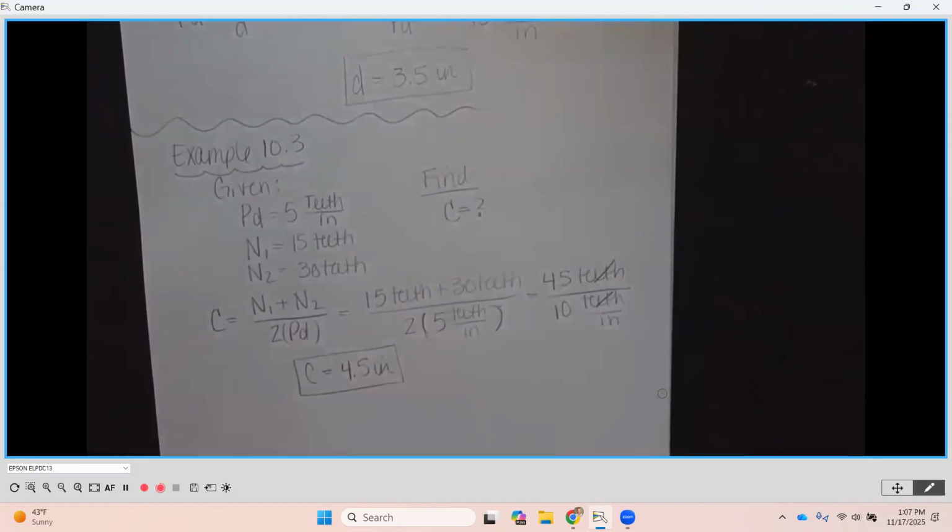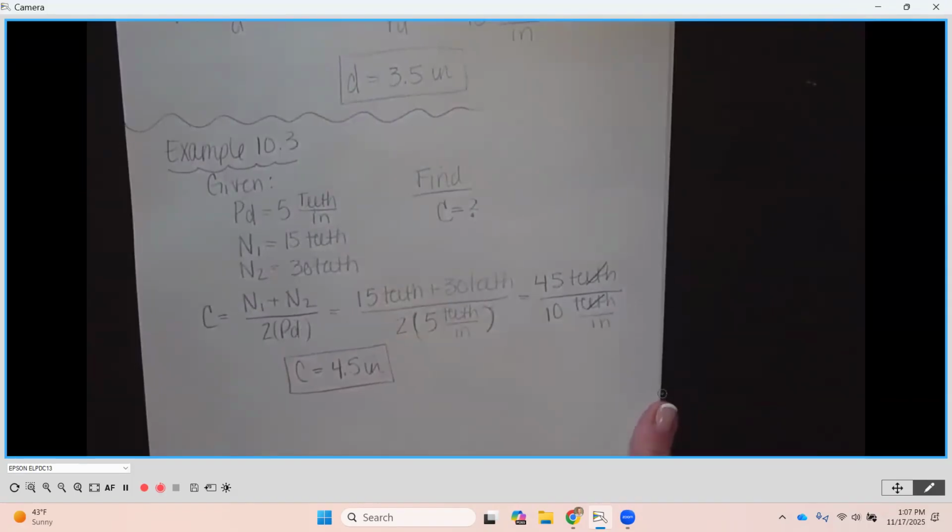So a couple things here. As we look, make sure that you put your box around your final answer. Make sure that you're answering the question. If we want to find C, I'm seeing C equal to, and its value in this case 4.5, and then its units. Make sure that when I look at this and you have your units in place here, you cancel out so I can see the final units are resolved.